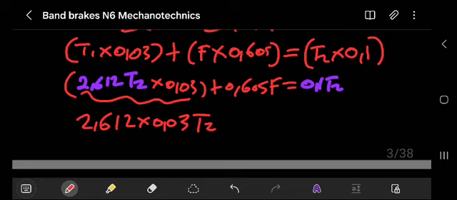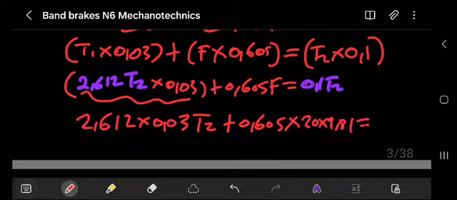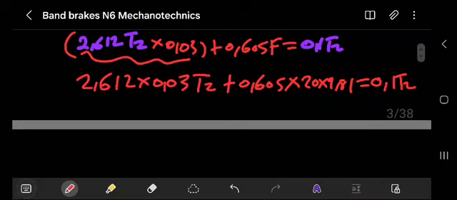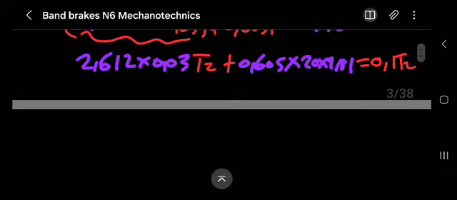First, let's see what we have, plus 0.605 multiplied by 20 times 9.81, since force is mass multiplied by gravity, equal to 0.1 T2. So let's punch this in.